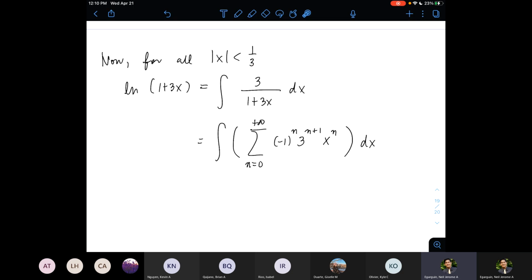And the beauty about absolutely convergent series is that we can interchange the order of the integral and the summation.